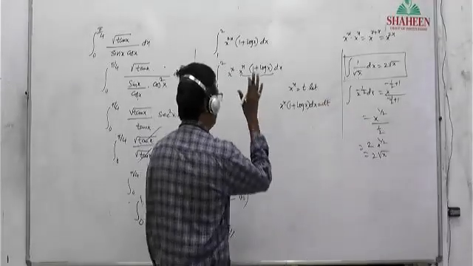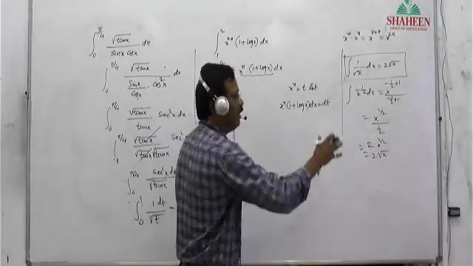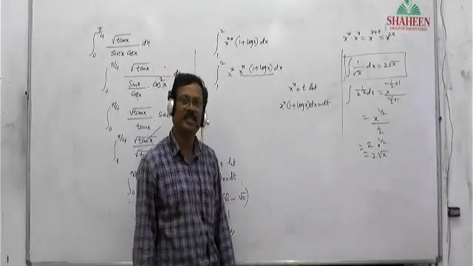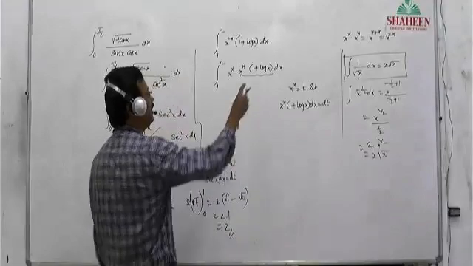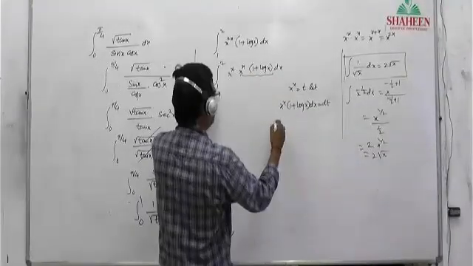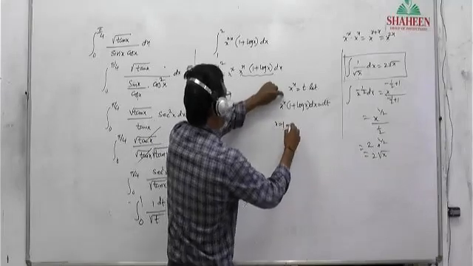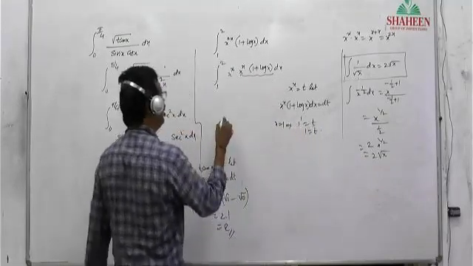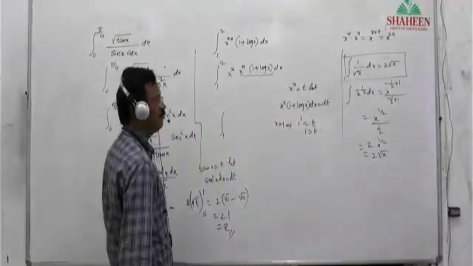Right? Now, if we convert the problem in terms of t, every time remember limits must be changed. Okay? The x limit is 1. Therefore, what is the t limit? If x is equal to 1, keep it in this: 1 power 1 is equal to t, so t is 1. Therefore, we got 1 the same.